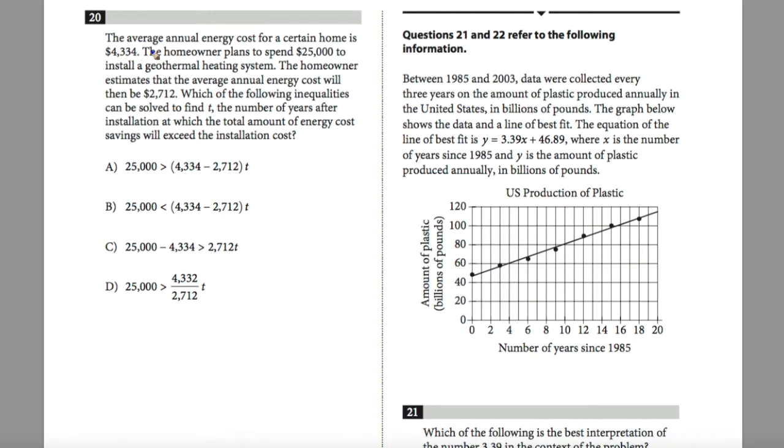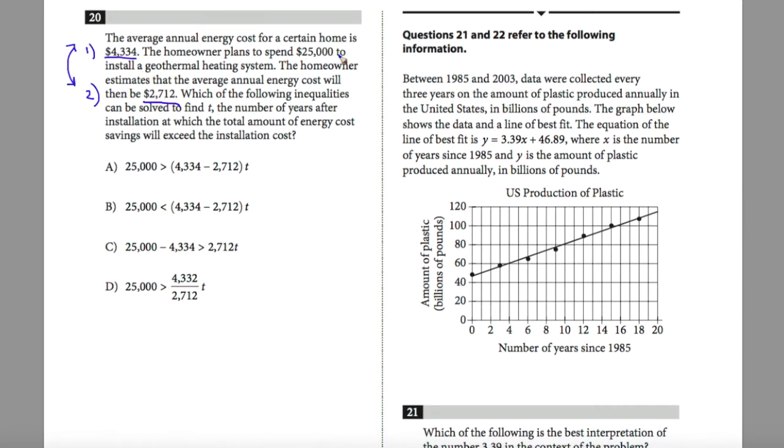Question 20 states the average annual energy cost for a certain home is $4,334. The homeowner plans to spend $25,000 to install a geothermal heating system. The homeowner estimates that the average annual cost will then be $2,712, which means that this is the initial, this is the final, and the difference between them would actually be savings.